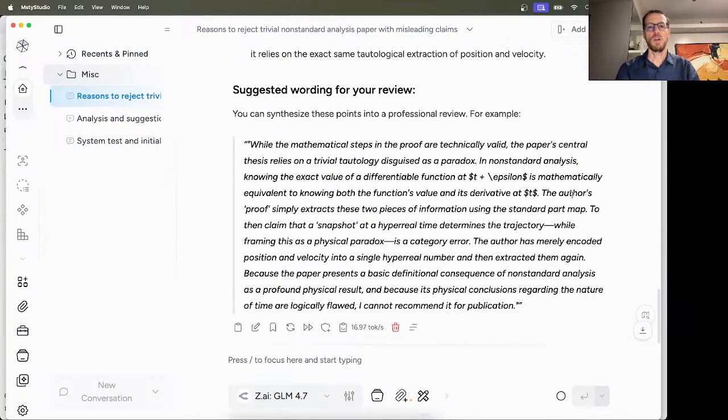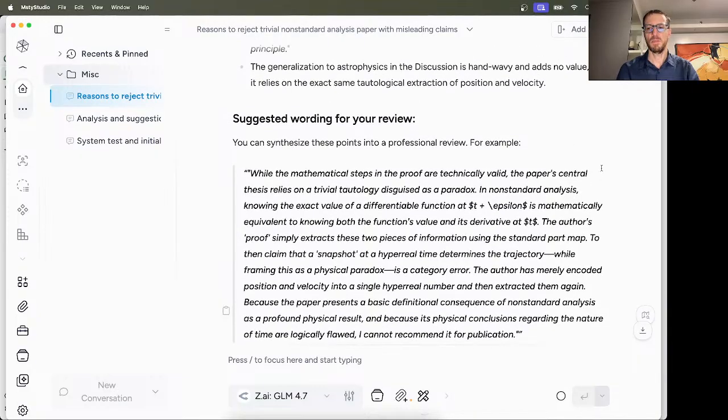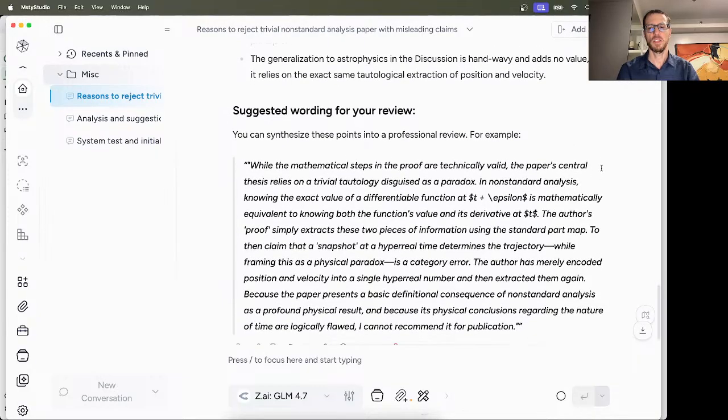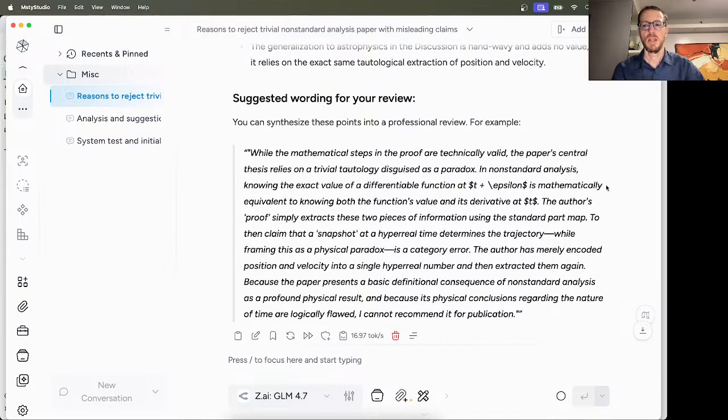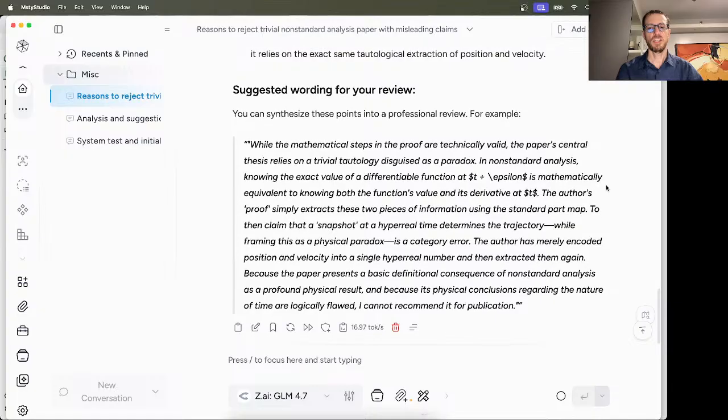For example, while the mathematical steps in the proof are technically valid, the paper's central thesis relies on a trivial tautology disguised as a paradox. In non-standard analysis, knowing the exact value of a differentiable function at t plus epsilon is mathematically equivalent to knowing both the function's value and its derivative at t. The author's proof simply extracts these two pieces of information using the standard part map to then claim that a snapshot at a hyperreal time determines the trajectory, while framing this as a physical paradox is a category error.